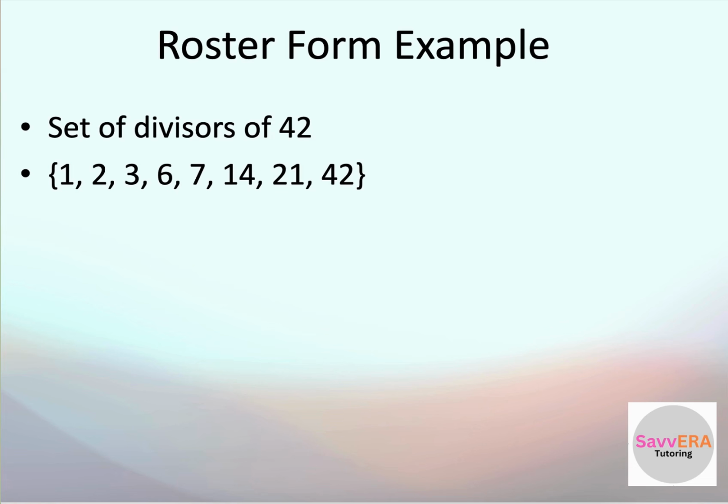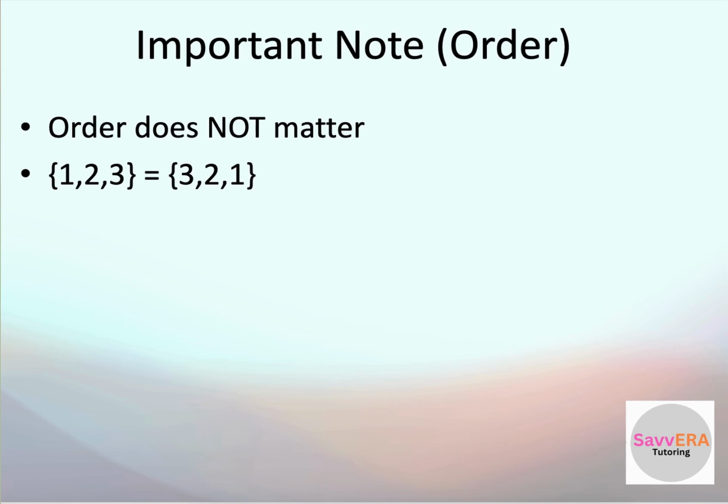Then, moving on to the next slide, we have to keep note that the order does not matter. If we write 1, 2, 3 in a set, or 3, 2, 1, or 2, 1, 3, it doesn't matter. Order is not important at all.